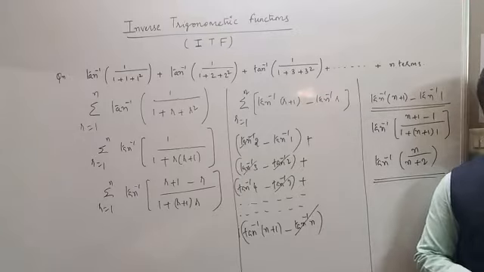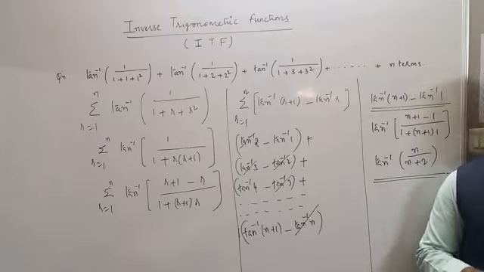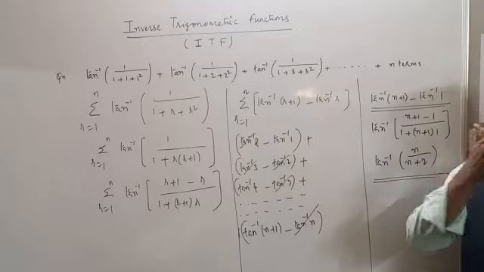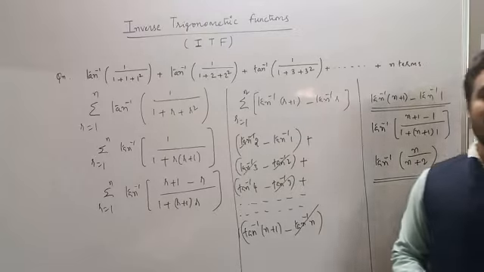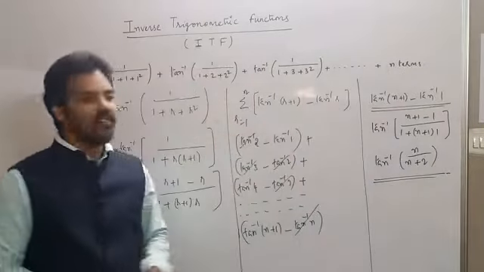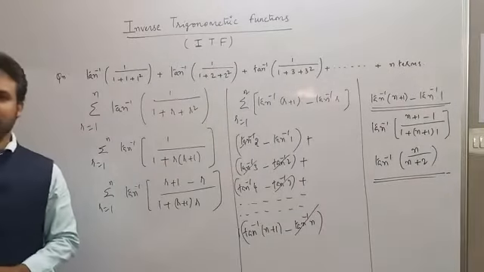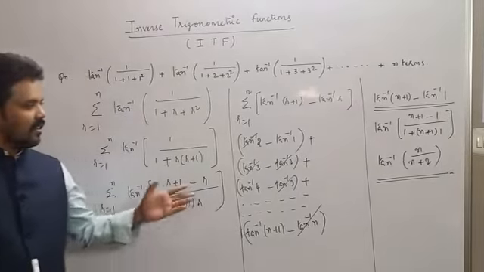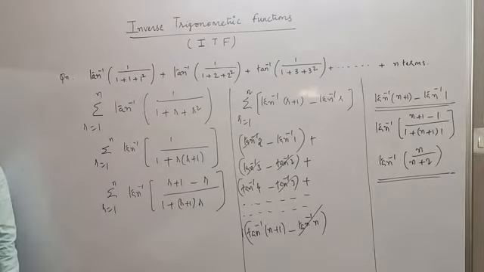This is the answer. This is the way to do the sum to n terms or the sum to infinite terms in inverse trigonometric functions. Okay? Shall we discuss the other one?